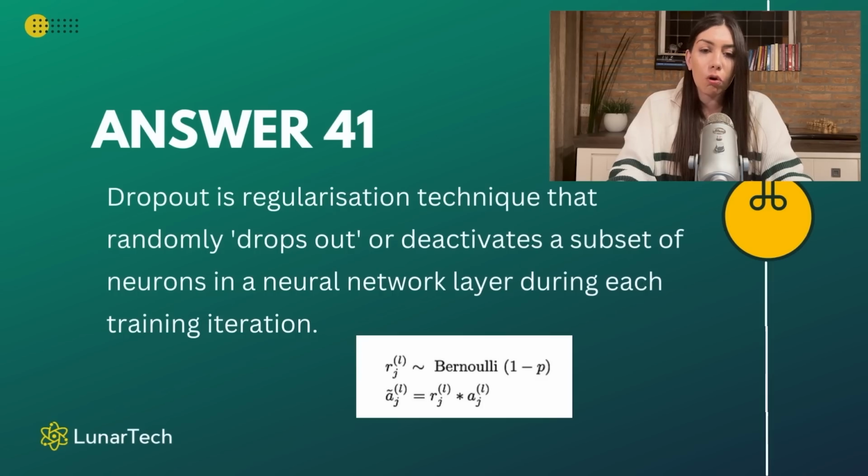So think of it like this: if we want to randomly deactivate or drop during the training iteration 20% of the activations of our neurons, then this P will be equal to 0.2, which means that our activation rate will be equal to 0.8.